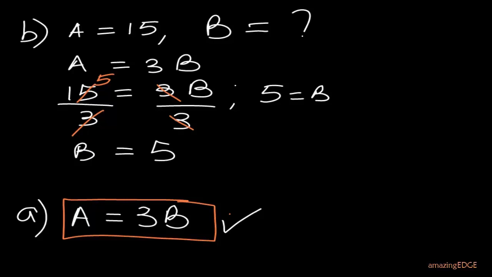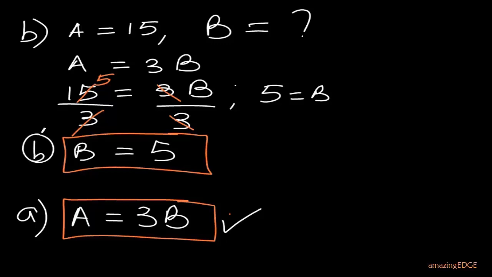This is what we expected to find. So that is the B part of the question. And here is the A part of the question: the connecting formula is A = 3B. Then we have found B when A is given as 15.